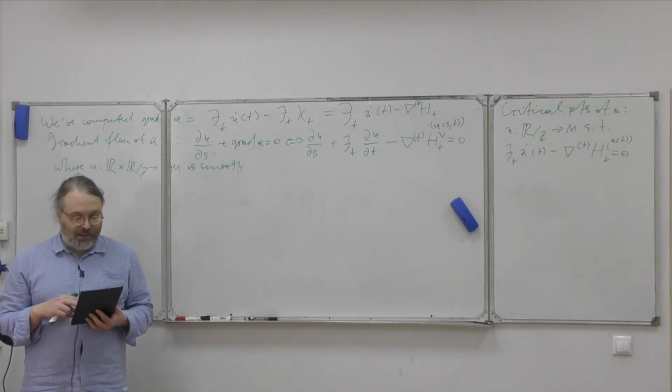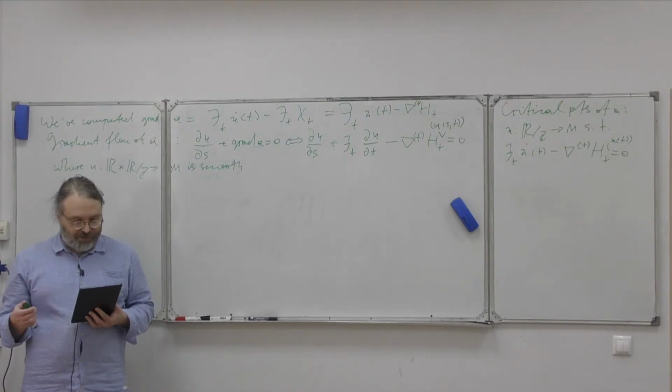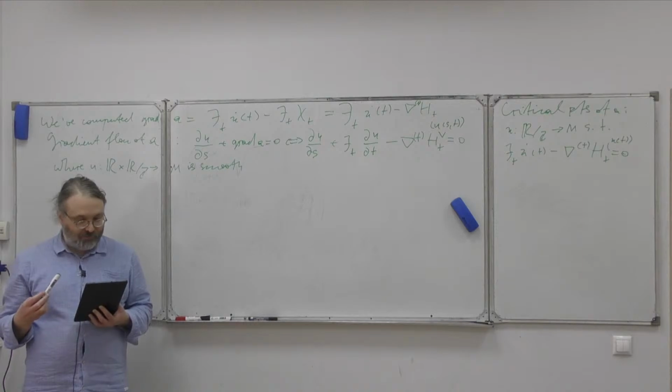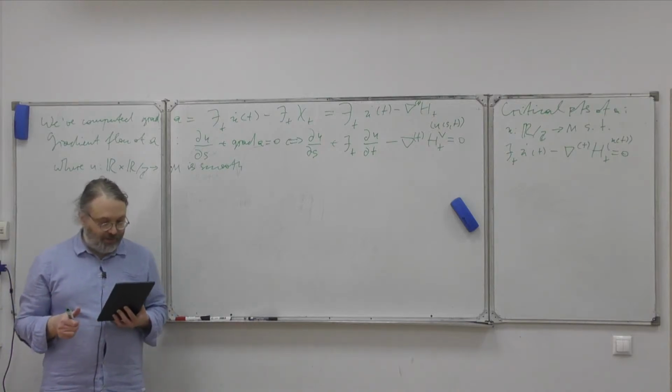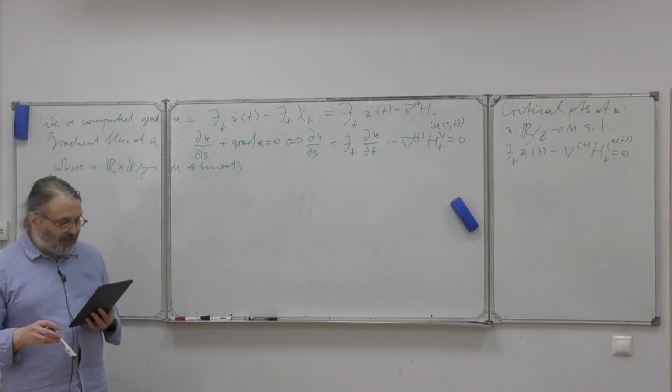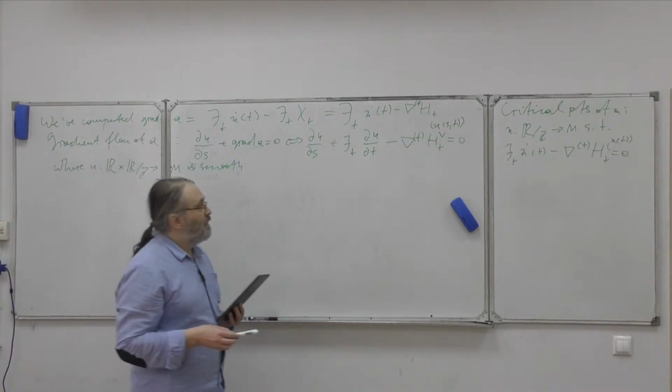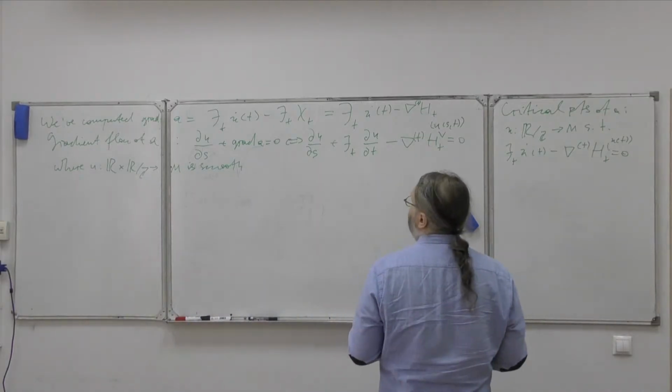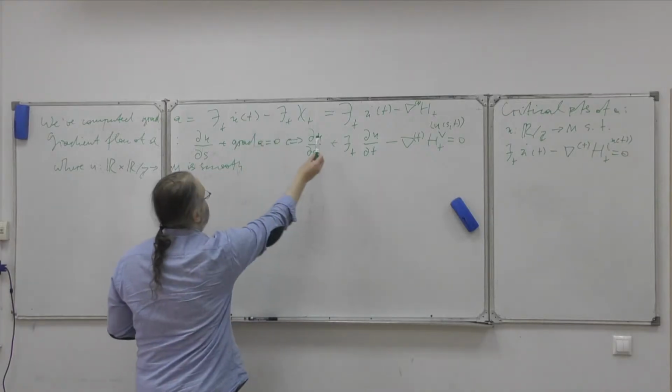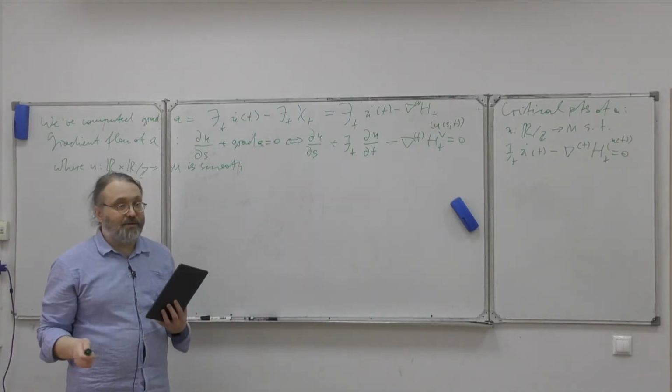Now, what is this equation? Well, basically, J_t is an invertible matrix.